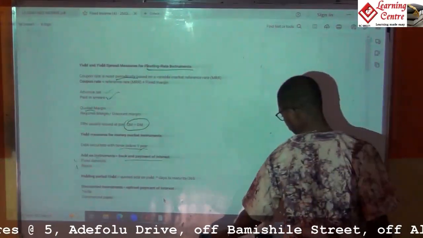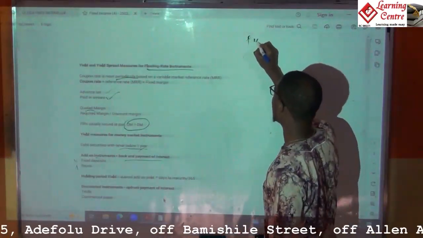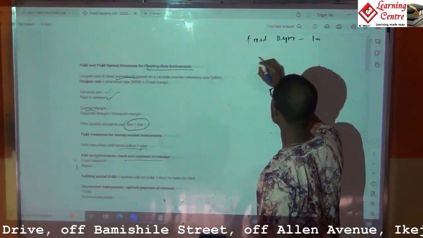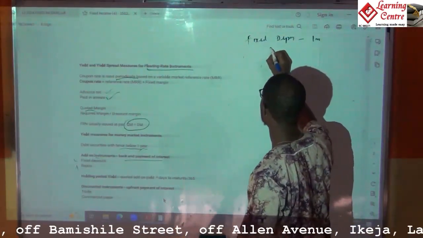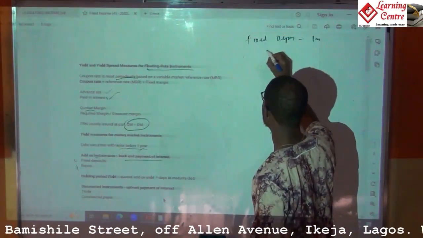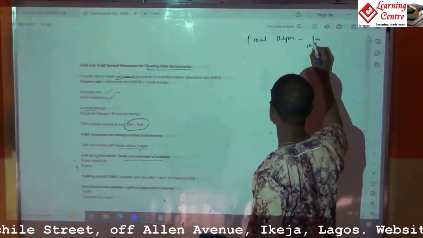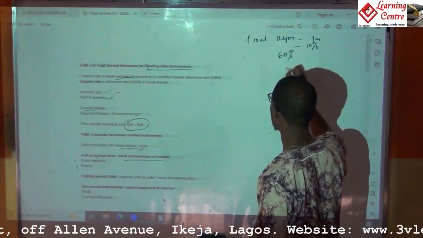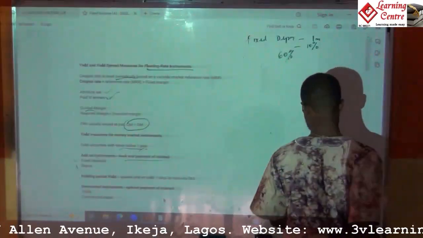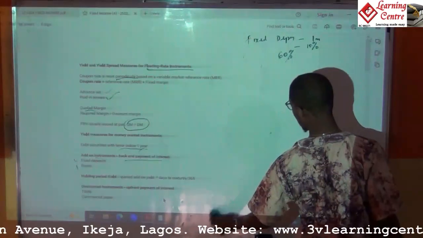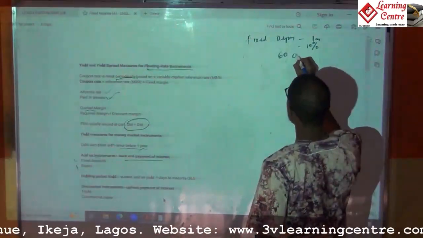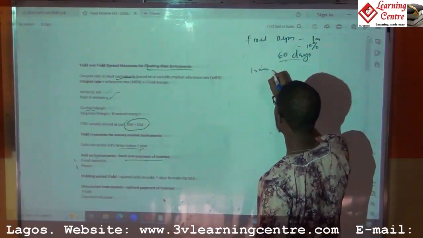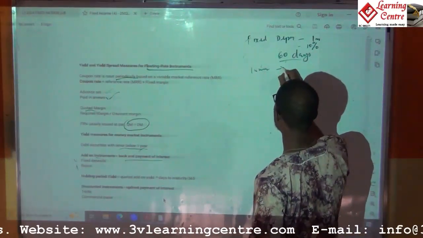So if they say I want to take a fixed deposit of 1 million, and the bank, let's say Olatosin Bank, is offering us 10%, but I want to place the money for 60 days. The question is, as an investor, how much should I expect to be paid in 60 days?